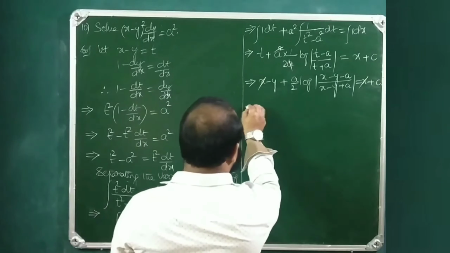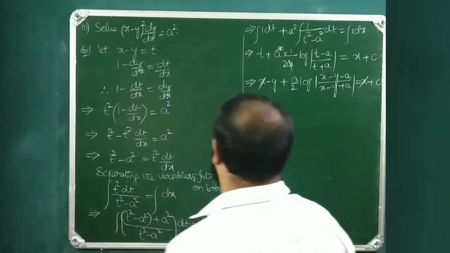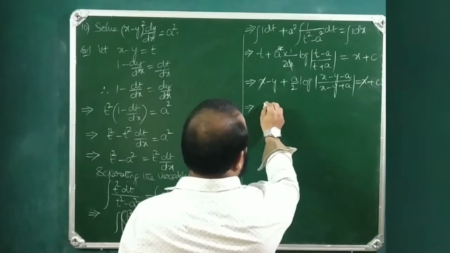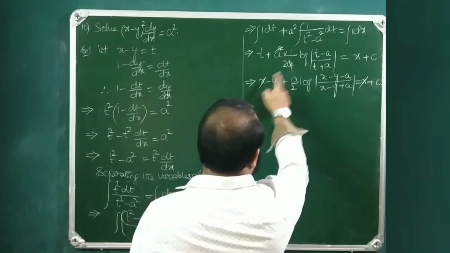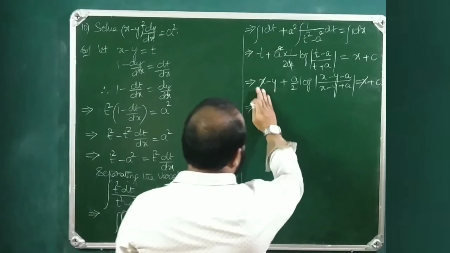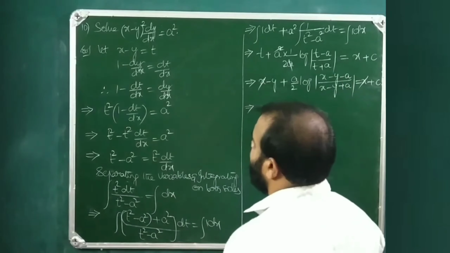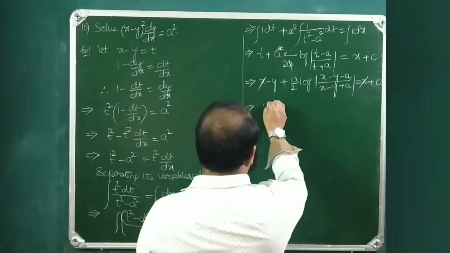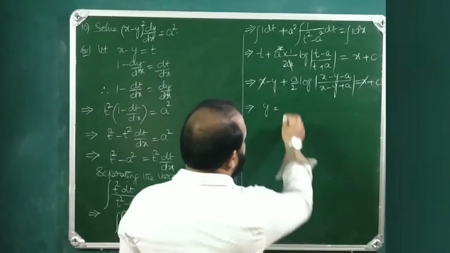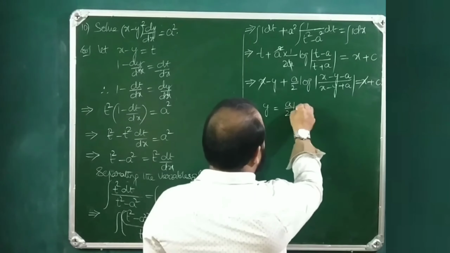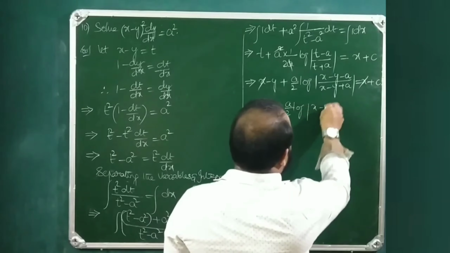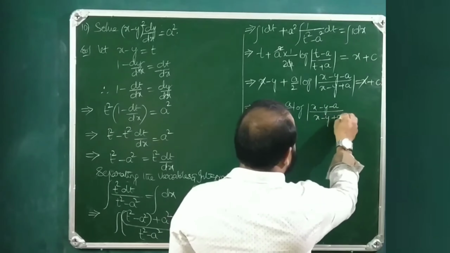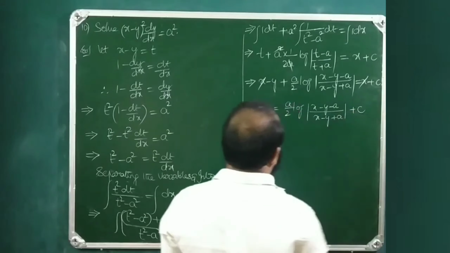So therefore y equals, if you take y to the other side, y equals a by 2 log modulus of x minus y minus a by x minus y plus a, plus c.